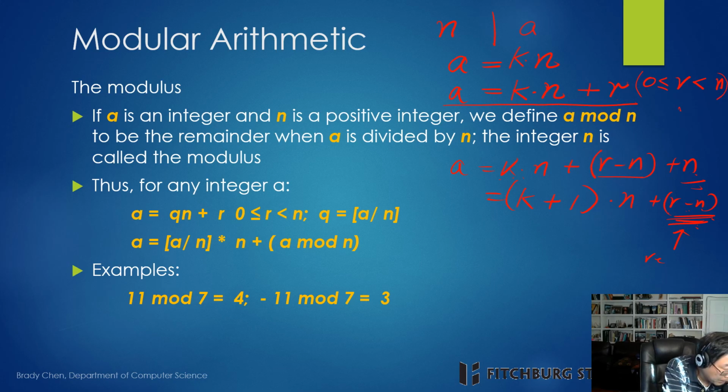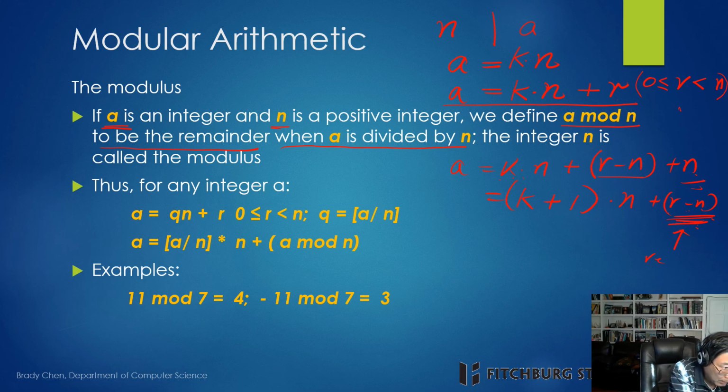Here in this part, we're going to first define the modular operation. If a is an integer and n is a positive integer, then we define a mod n to be the remainder when a is divided by n.